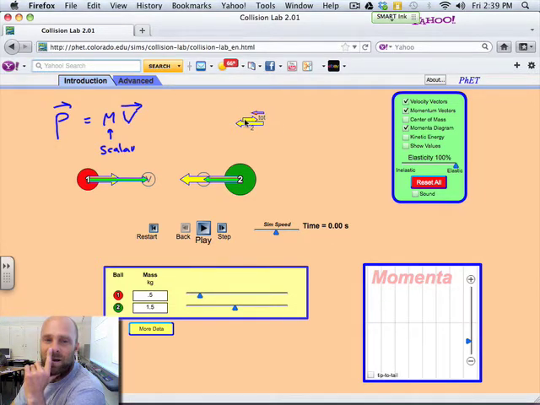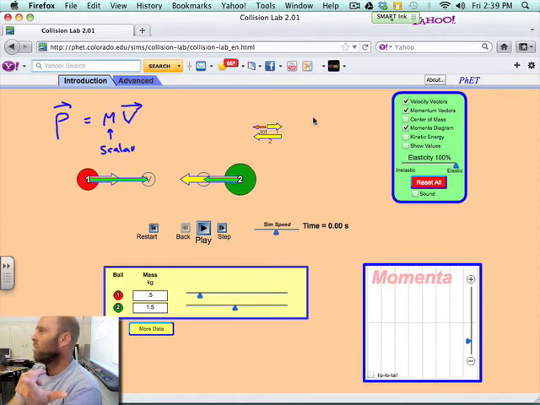And I can add them in any order. I can go this one, then this one, and I'm getting the same vector result. So the cute little red vector is the yellow ones added. Now, those that watched the video, please think about it. Notice the red vector before and after the collision.